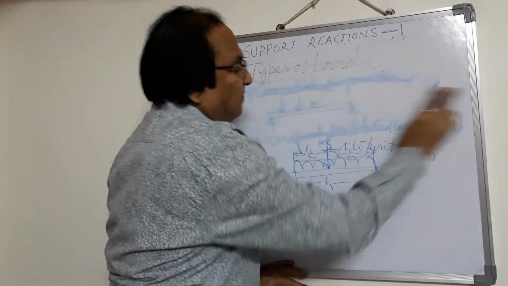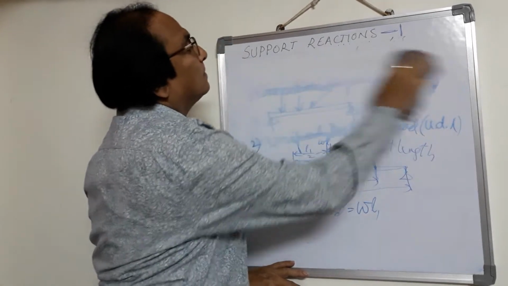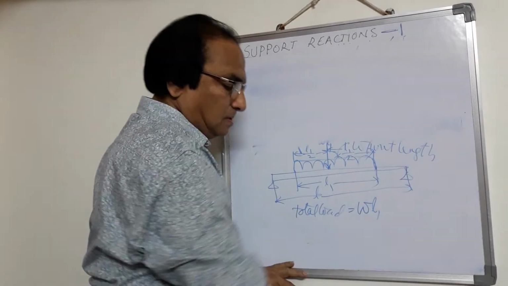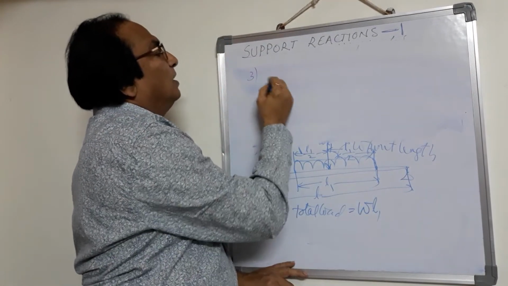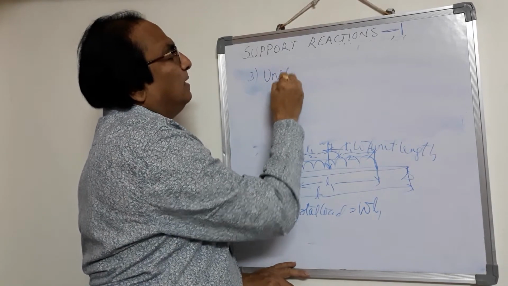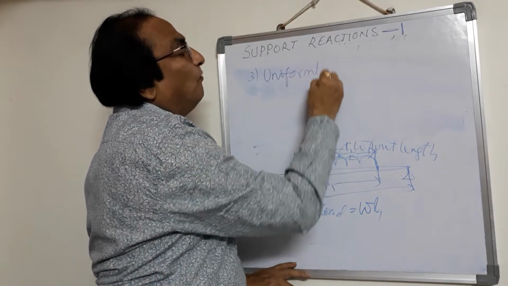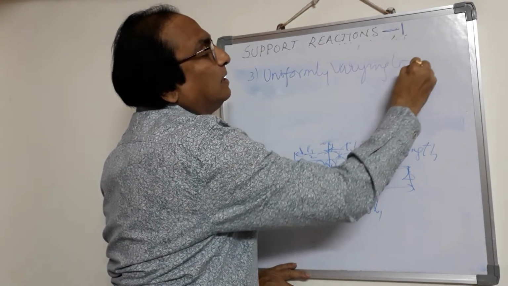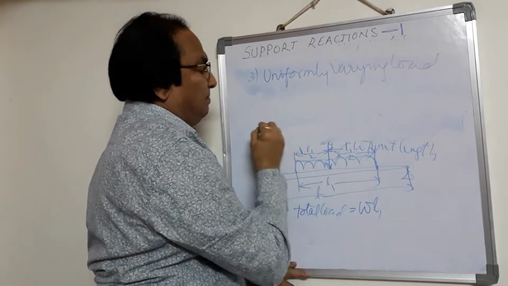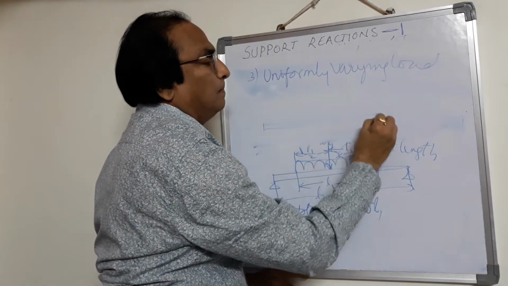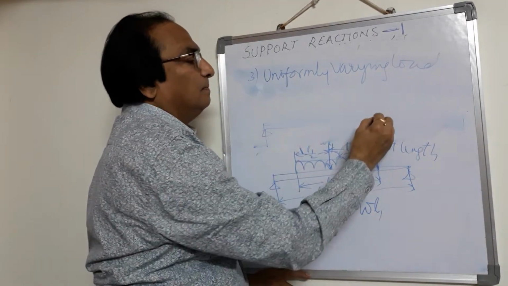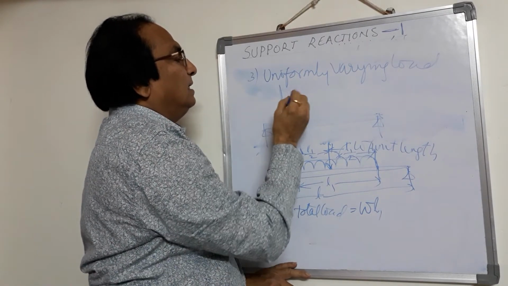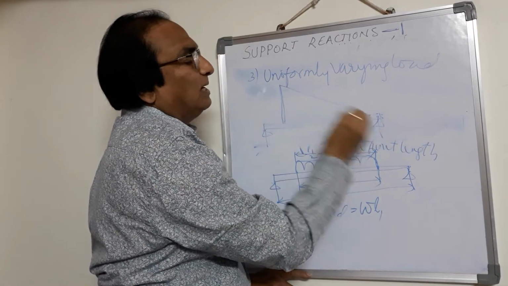Then the third type of load we come across, we call it uniformly varying load. If this is the beam, if it is supported and if it is carrying the load, with one end it is maximum, the other end it will be varying like this.